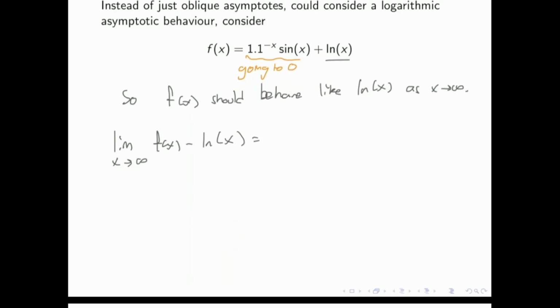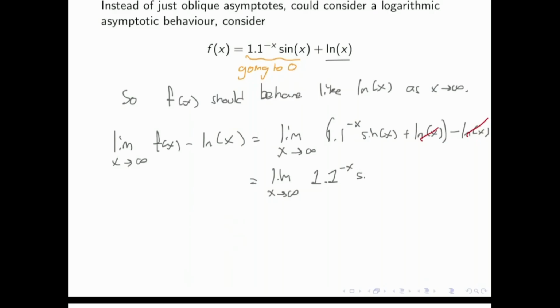So let's do that calculation. And of course, we're just going to get some kind of cancellation here of the natural logs. So this is 1.1 to the power of negative x times sine of x plus the natural log of x minus the natural log of x. And these are going to cancel. And I'm left with the limit as x goes to infinity of 1.1 to the power of negative x times sine of x.